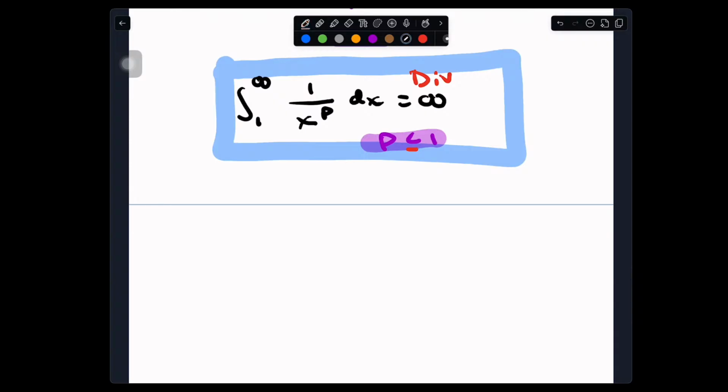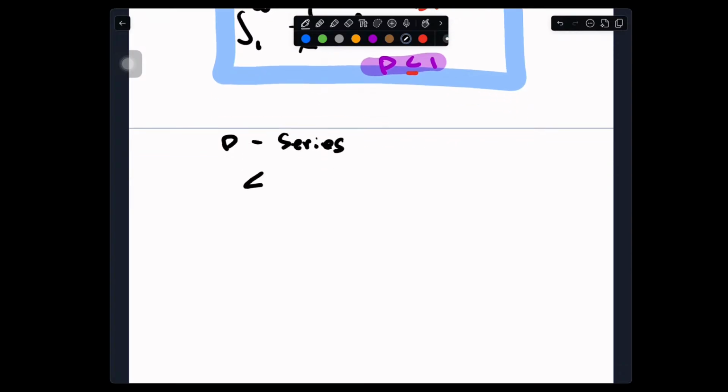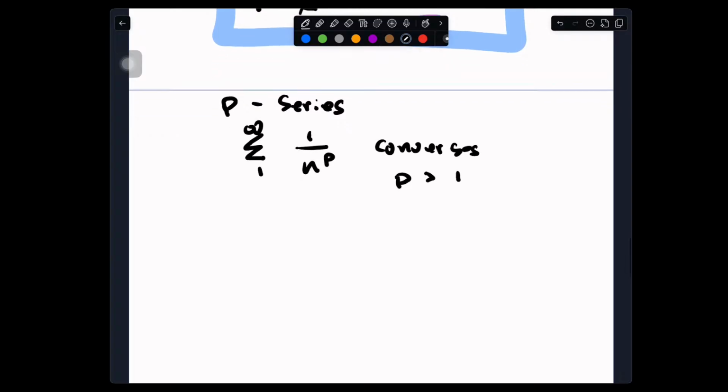So what does that mean about our particular p series? Well, that means the p series defined to be the sum of 1 over n to the p from 1 to infinity converges only for p values being bigger than 1. And diverges for all the other values, p being less than or equal to 1.